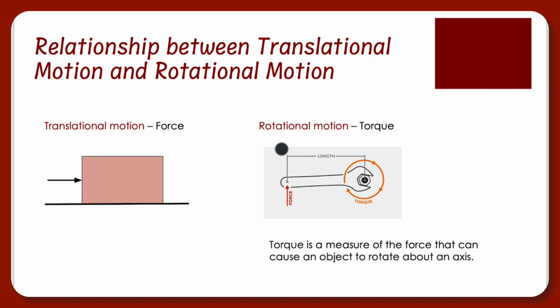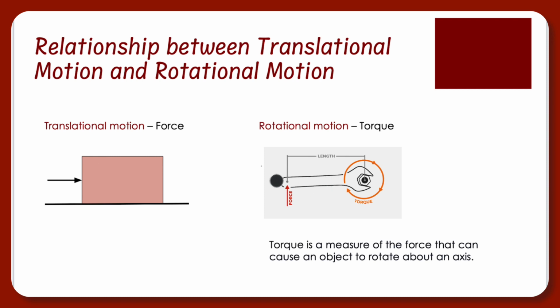Here with rotational motion, instead of talking about a force, we're going to talk about a torque, because there's a little bit more to it. If I try to turn this spanner or wrench by pushing here, I'm going to have a really difficult time.